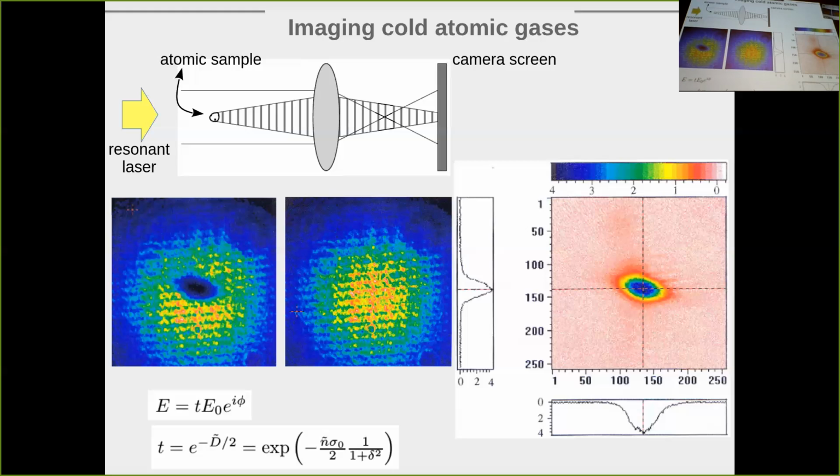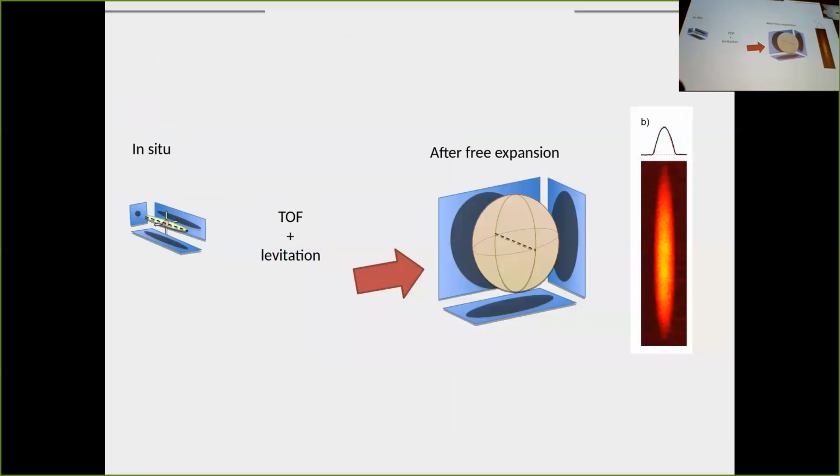So in practice, we are limited to a situation where the optical density of the sample is less than something of the order of 3-4. This is important to know because typically the condensate is relatively dense, at least optically, so that it transmits essentially zero photons in situ.